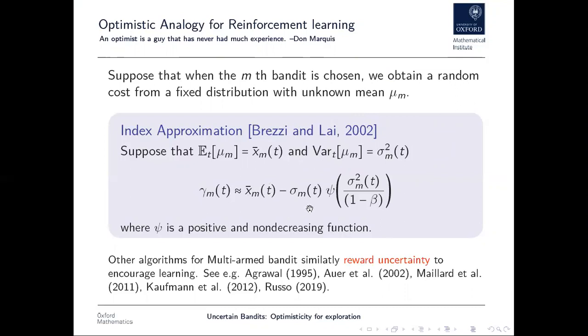What posterior variance really means is, in some sense, uncertainty about our estimate. And therefore, in the multi-arm bandit problem, we often see uncertainty as an optimistic thing. We usually see uncertainty as a good thing.